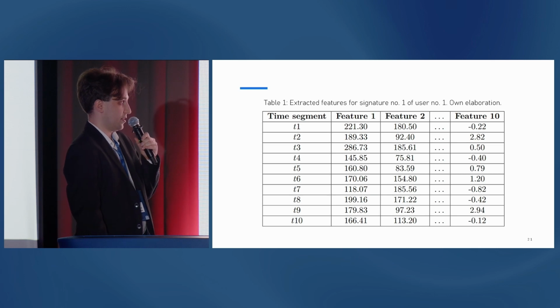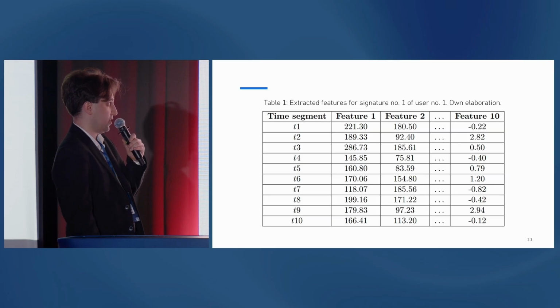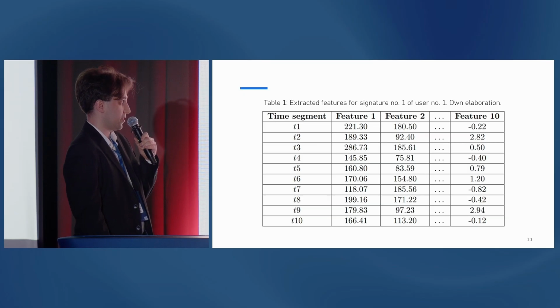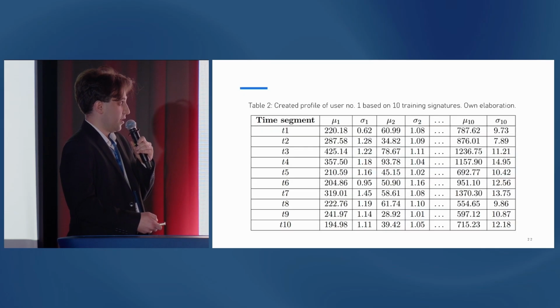This is how the model looked like. This is a representation in the form of a table, so for each time segment we have calculated 10 features that I mentioned.